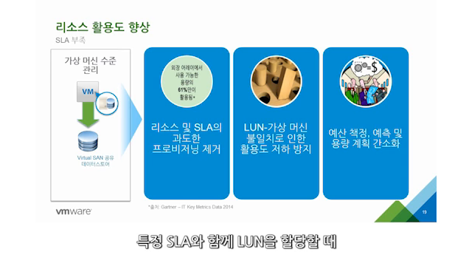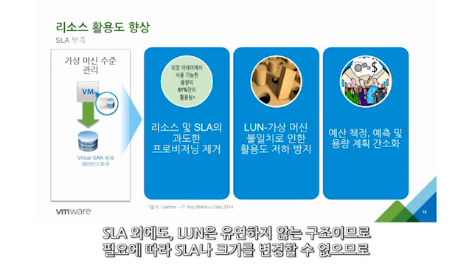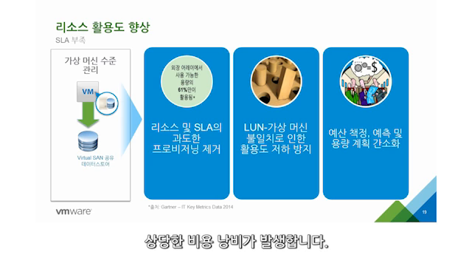When you allocate a LUN with a certain set of SLAs, you are forcing all the VMs on that LUN to inherit these SLAs, whether they need it or not. Besides SLAs, LUN is also an inflexible construct that won't allow you to change its SLAs or size if you need to, resulting in a lot of waste.